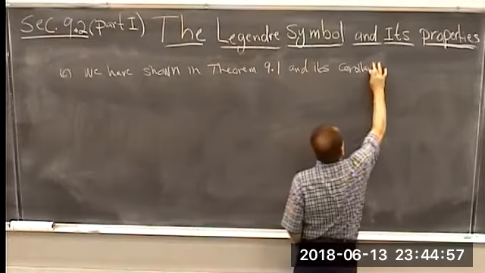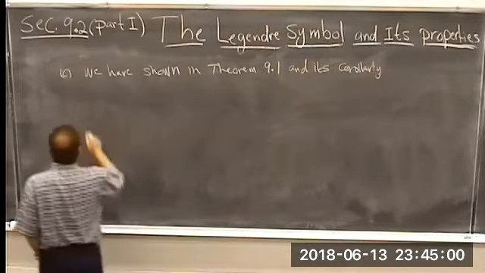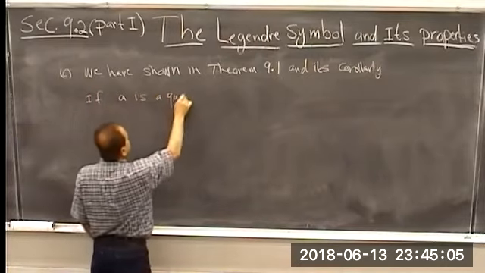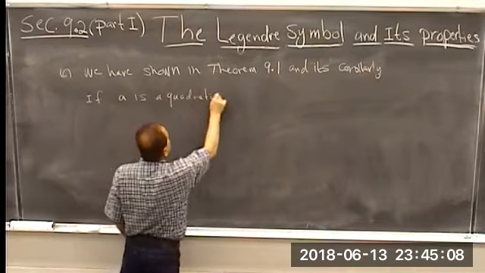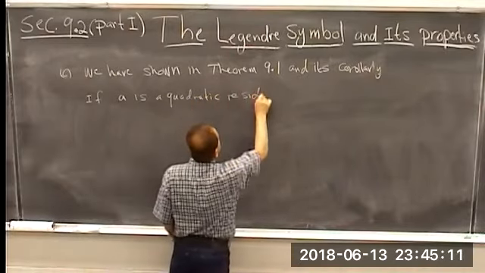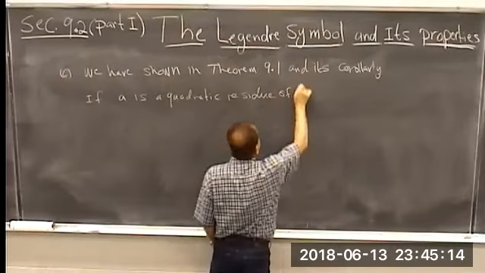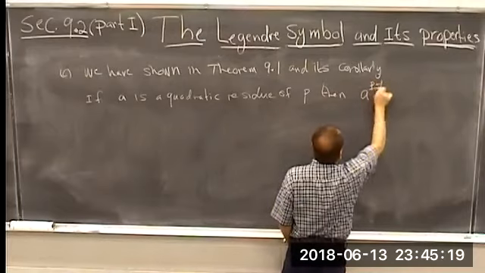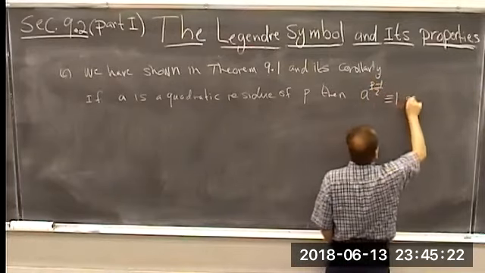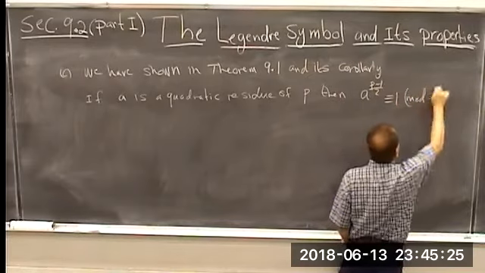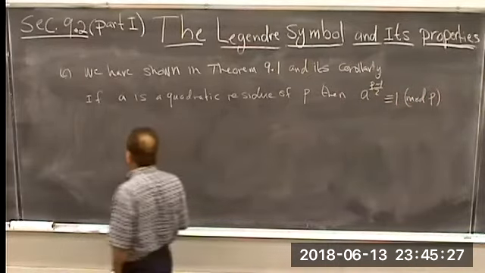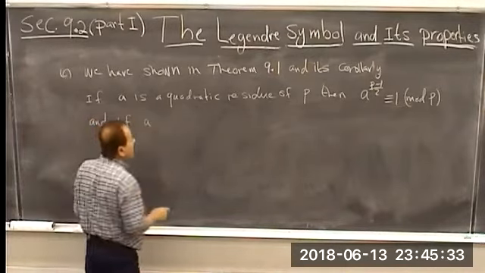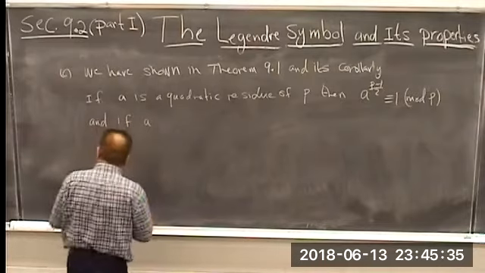Okay, if A is a quadratic residue of P, then A to the (P minus 1)/2 is congruent to 1 mod P. Actually, this one is if and only if, okay?